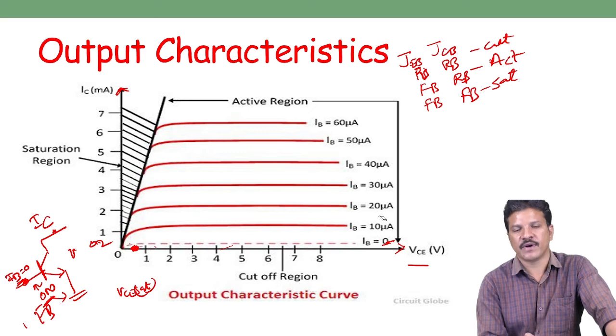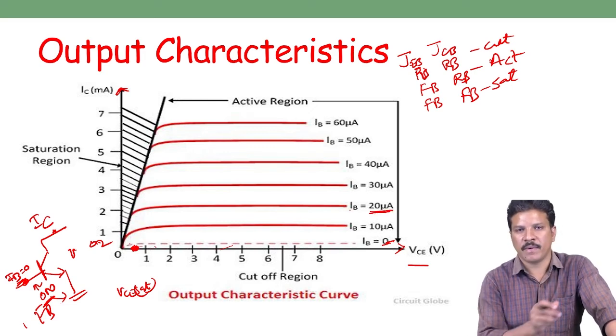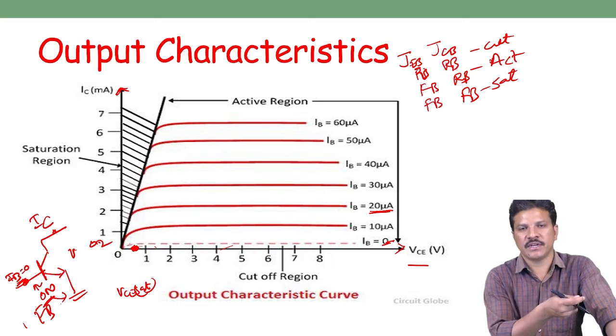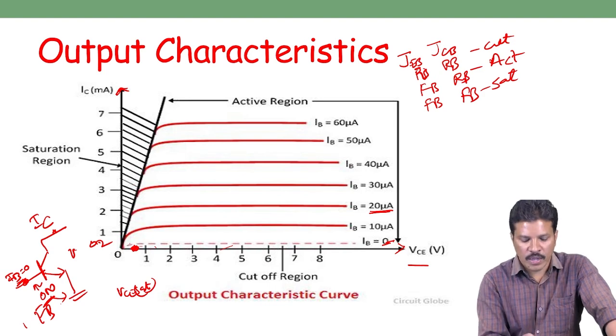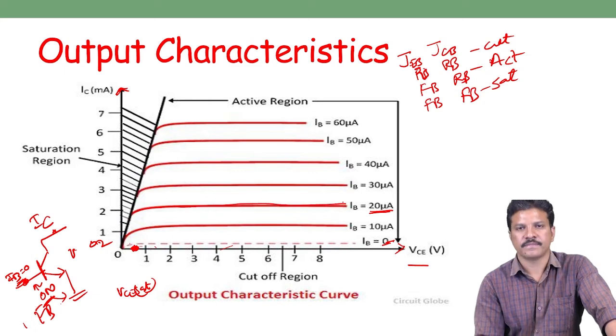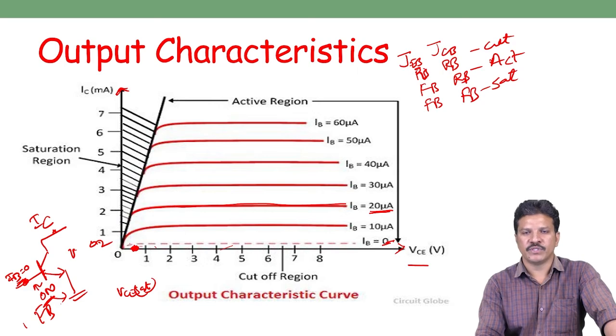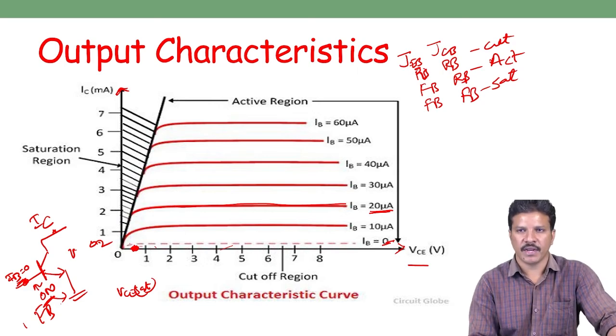In this active region, what happens? Keep IB at some value like 20 microamperes by varying the base to emitter junction voltage. Now increase the collector to emitter voltage slowly, and the graph will look like this. A small slope will be observed in the common emitter characteristic.